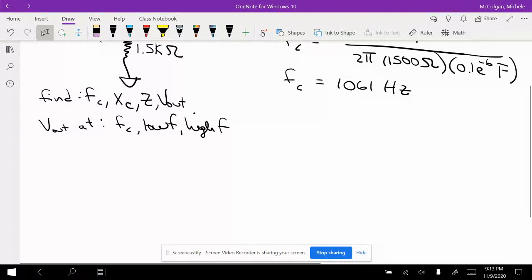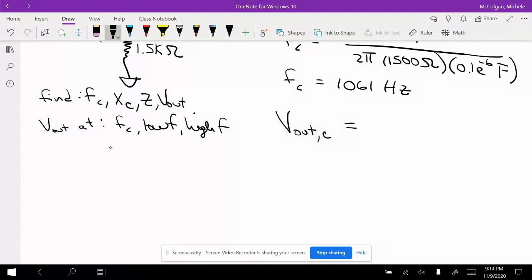So now the next thing we want to do is find the output. Let's find V out at cutoff.